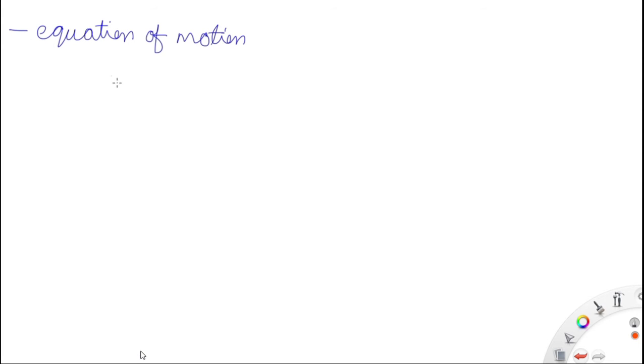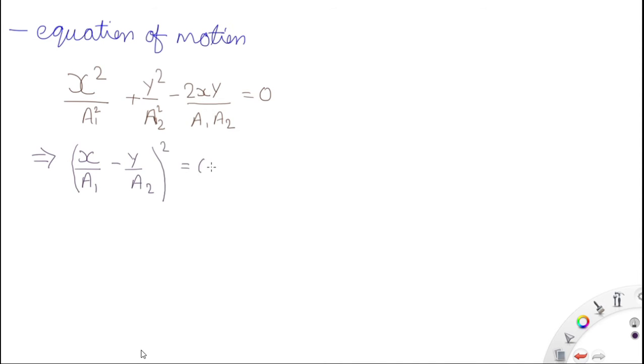Equation of motion of the ellipse. We have already seen the picture. This is a straight line, having a slope of a2 by a1.